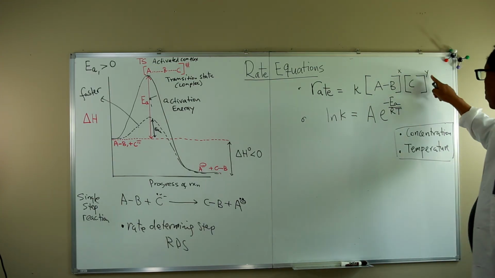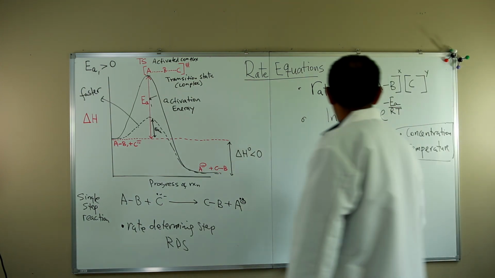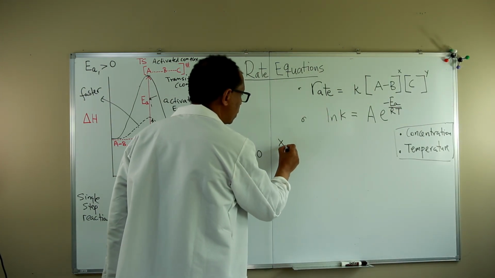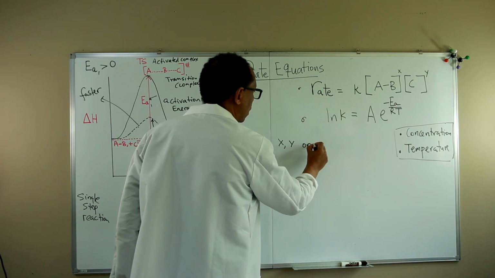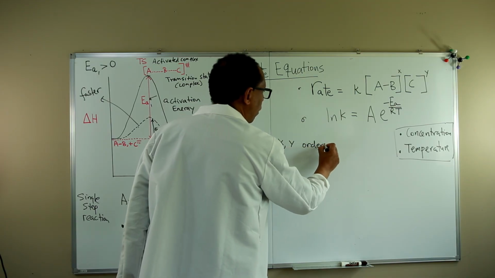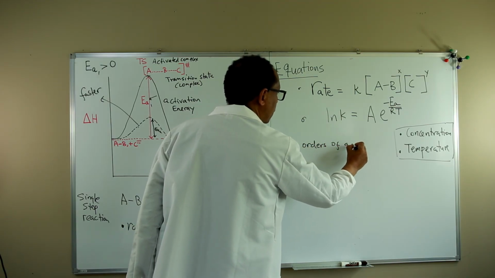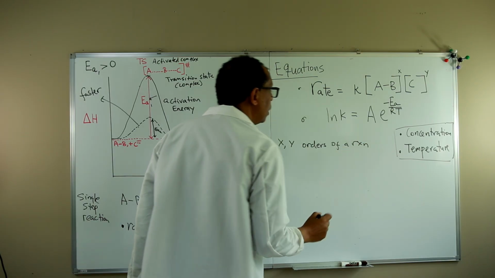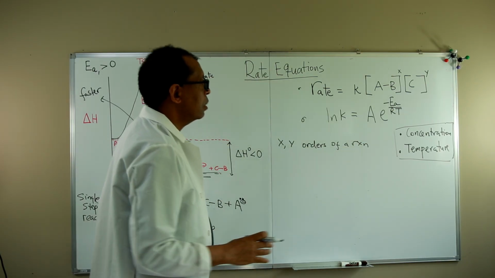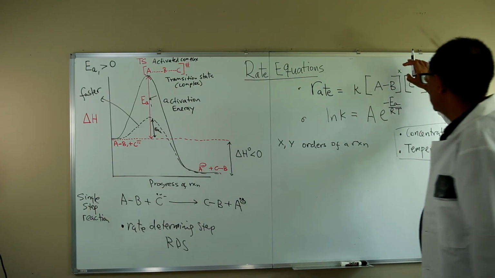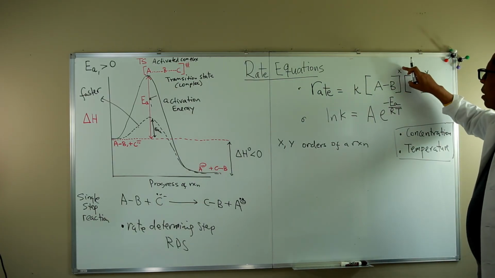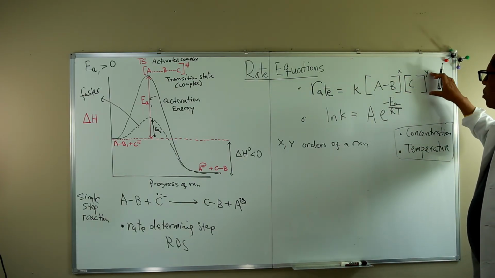Here we can say there are powers like x and y. X and y are called orders of a reaction. What it means is: what is the factor of AB compared to C?